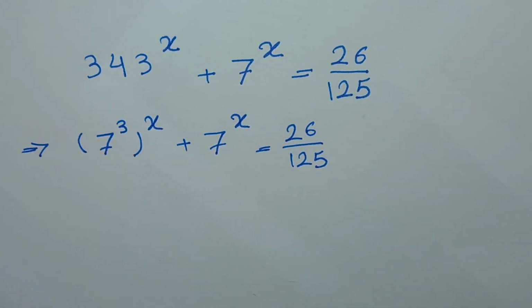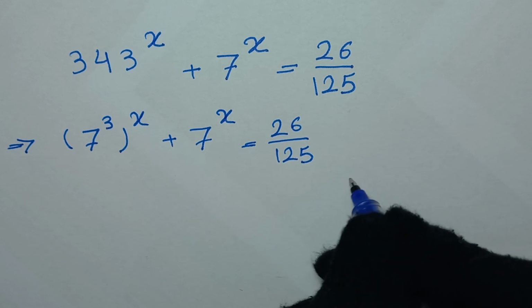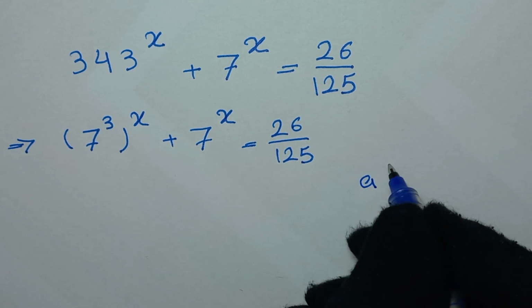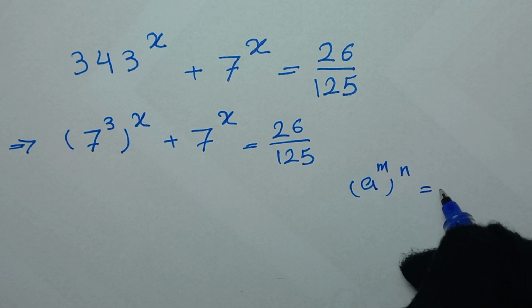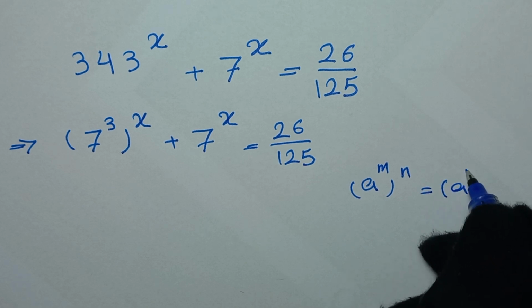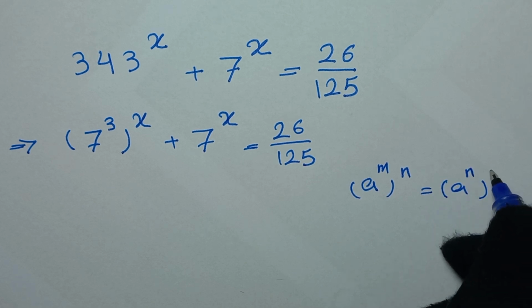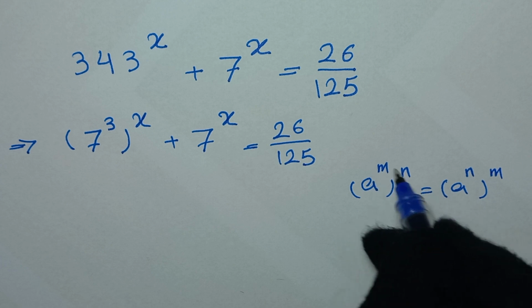And in the next step, from the exponential rule, if we have a to the power of m to the power of n, this is equal to a to the power of n to the power of m. Here, we can exchange these powers.